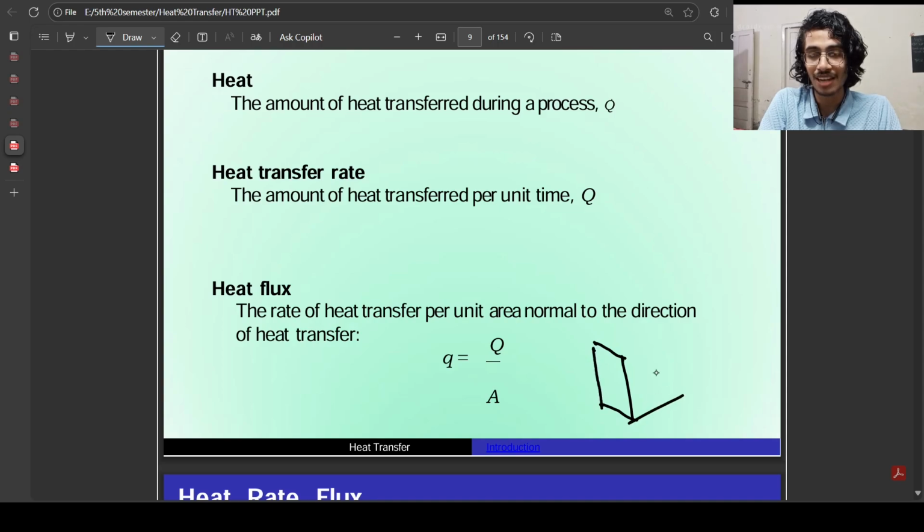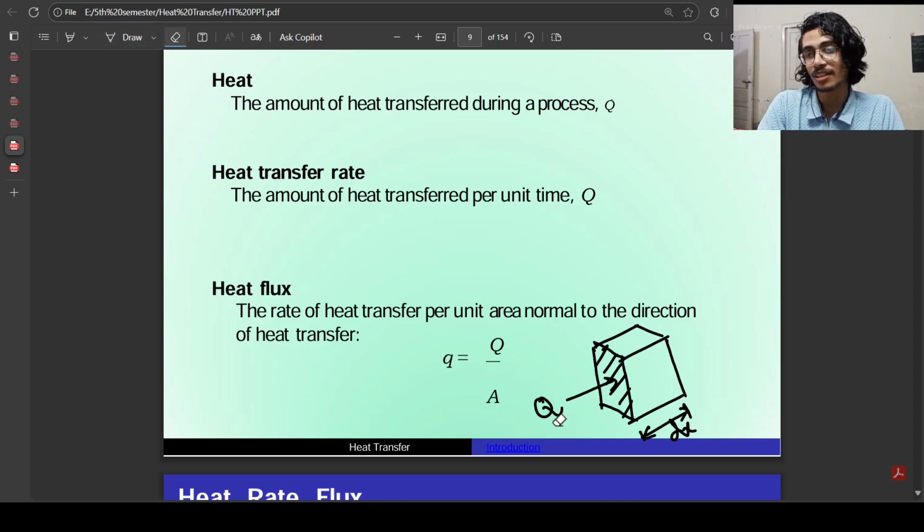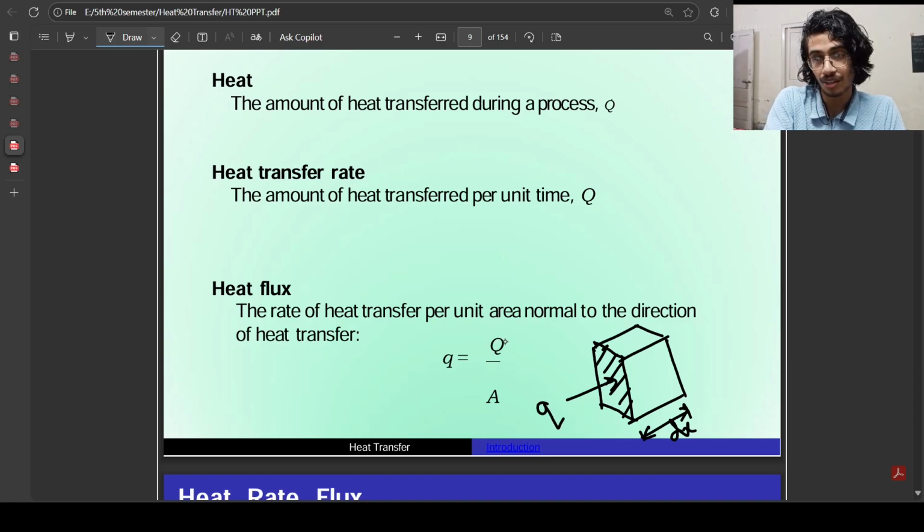It can be like this. Suppose this is a concrete slab, and this is the area, and it has some thickness dx. The hatched portion is the area, and there is heat like this. So you can say it like this: if the total heat is Q, the heat flux q will be equal to the total heat divided by the area normal to the action.